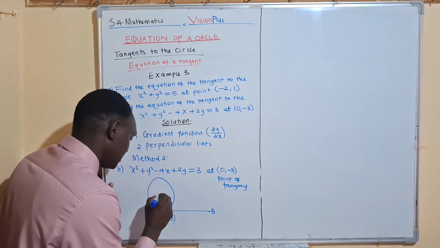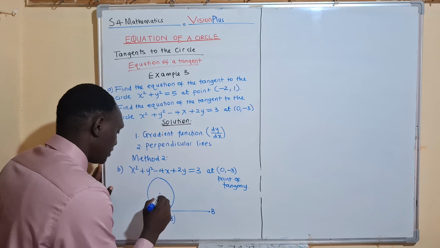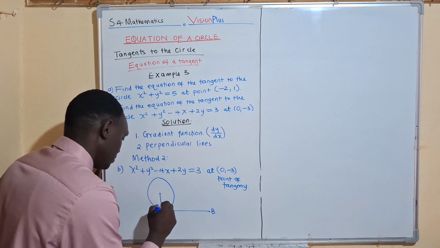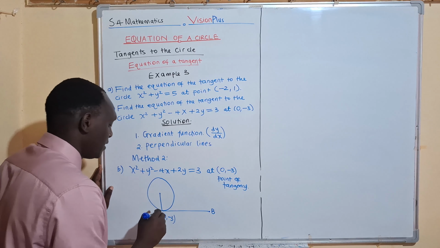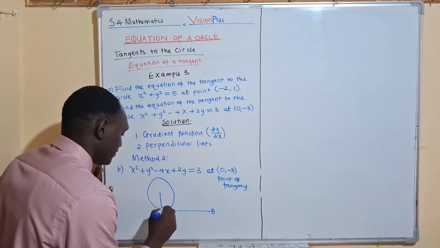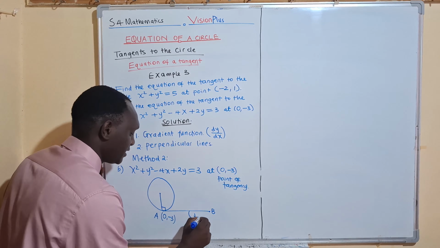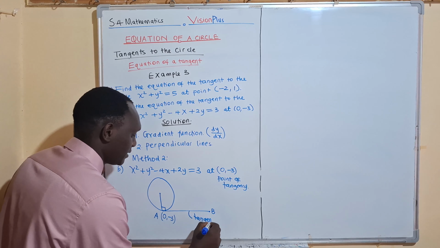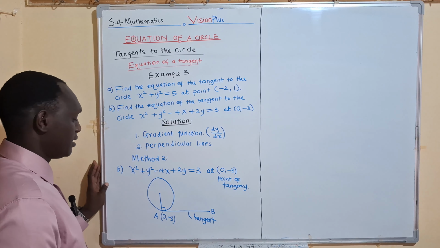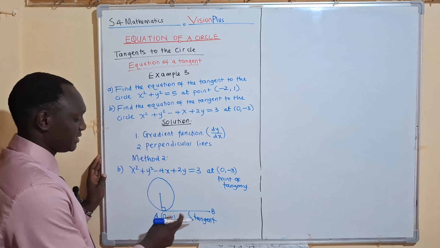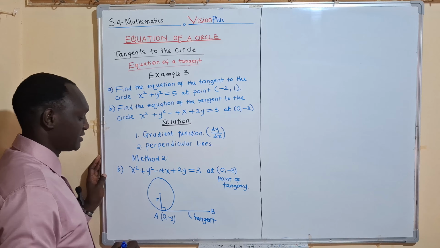Now we know that at the center here we have the coordinates of the center, and when we join the center to any point on the circumference, say the point of tangency, it makes an angle of 90 degrees with the tangent. That is, the tangent is perpendicular to the radius and vice versa.